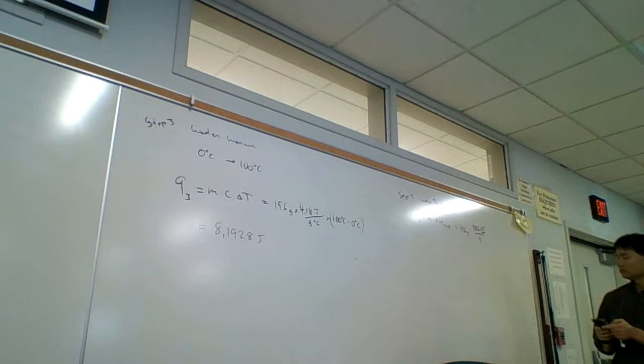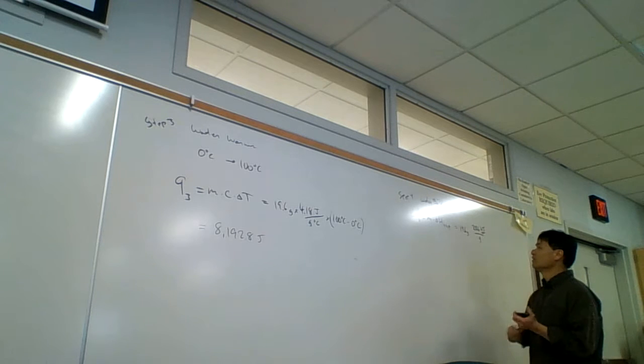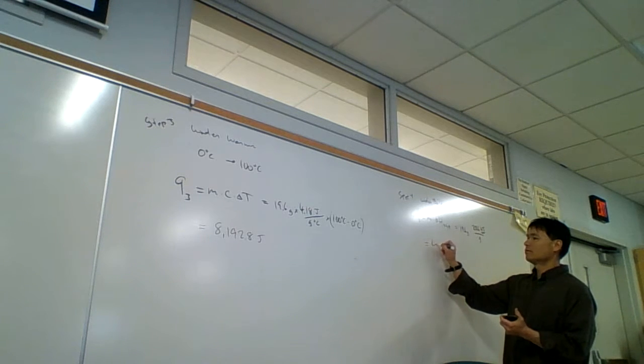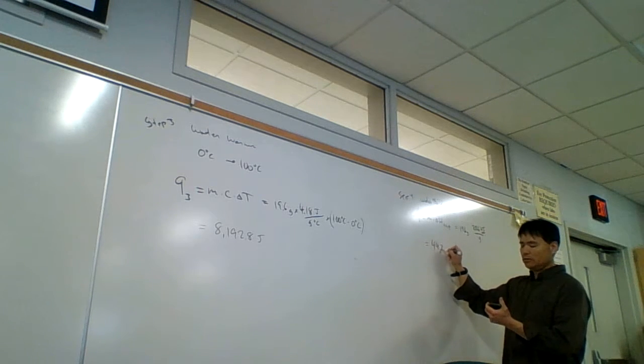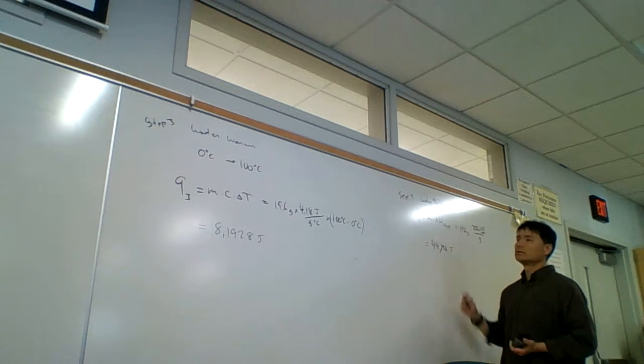So what does it come out to? 19.6 times 2.26 equals 44. So I'm going to convert this to joules. I'm going to have 44,296 joules.